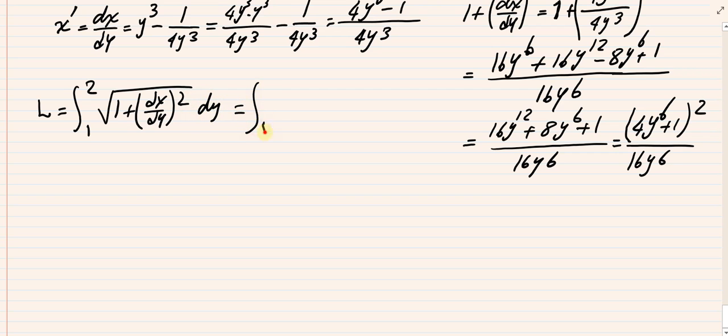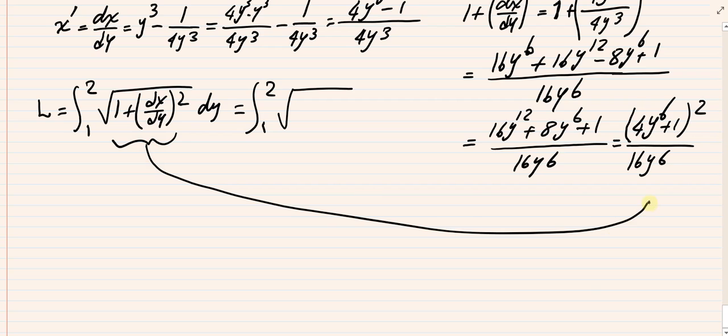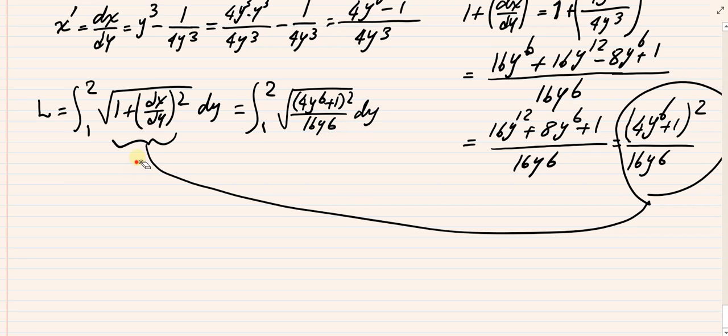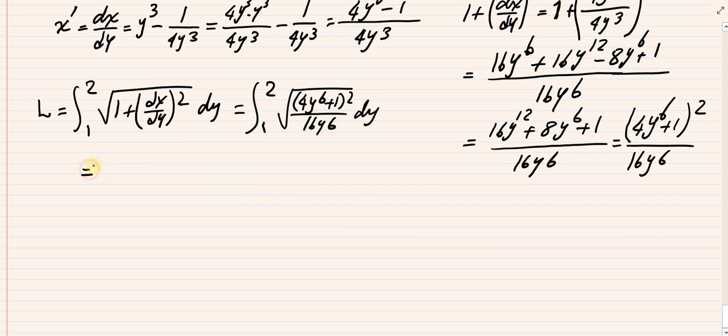So that's going to be the integral from 1 to 2 of the square root of, remember, the whole radicand is this, (4y^6 plus 1) squared divided by 16y^6, dy. And the integrand, we're simply going to lose the radical, take the square root of the numerator and the denominator. And again, we don't need absolute value because the numerator is positive.